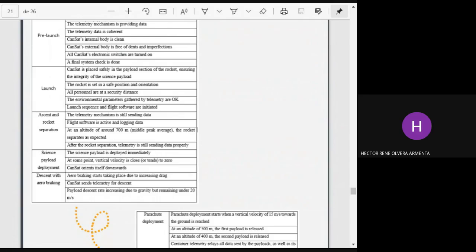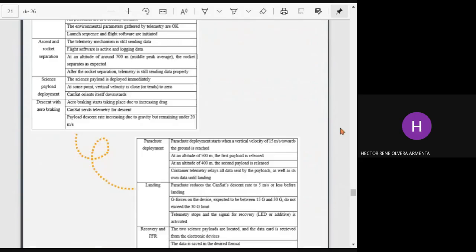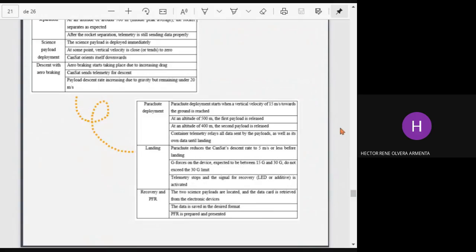This is because we are trying to avoid any catastrophe or any accident during the launch, and to bring the system to the final stage, that is the landing and the recovery of the data.